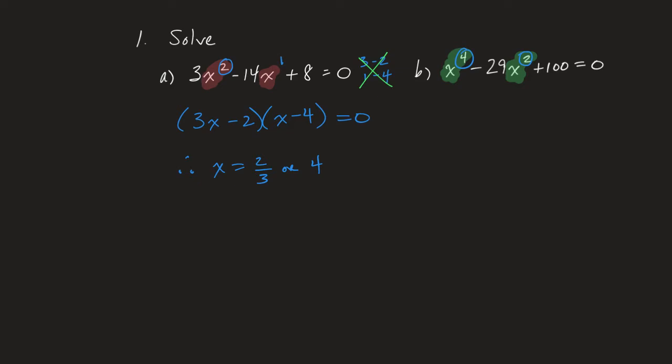So my focus goes to the 100. I have 2 numbers that multiply to give 100 and add to give negative 29. That would be a negative 25 and a negative 4. Now, where I would normally just put in an x at the front of both brackets, I need it to expand to an x to the 4th, and I need it to have a middle term of x squared. That means that I have x squareds at the front of both those brackets.